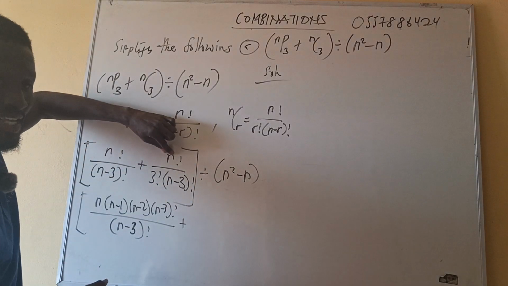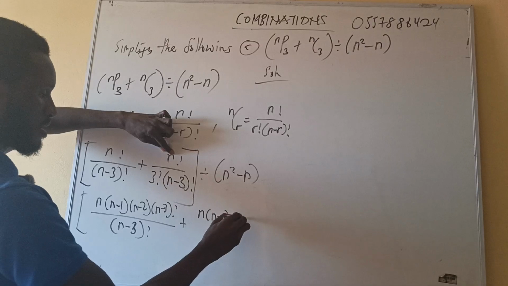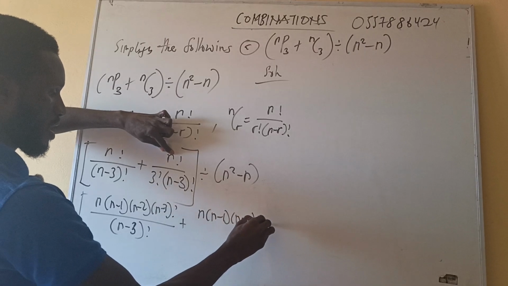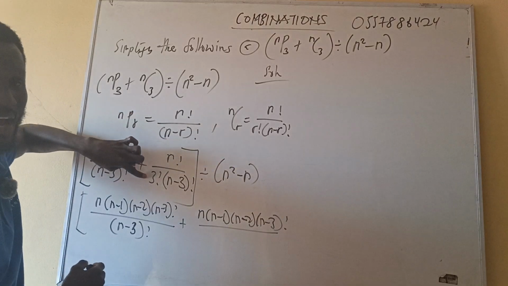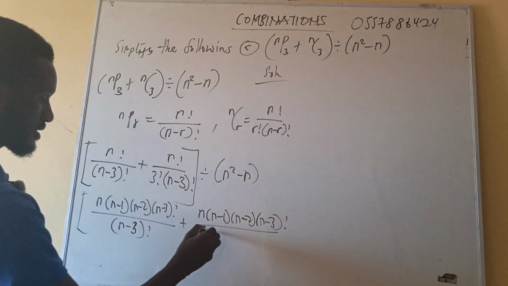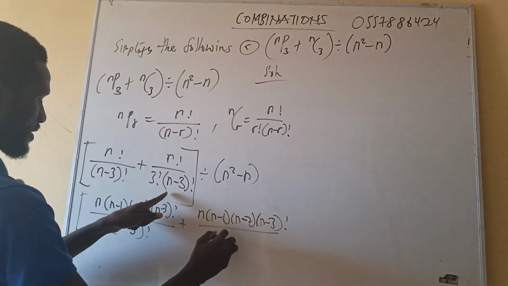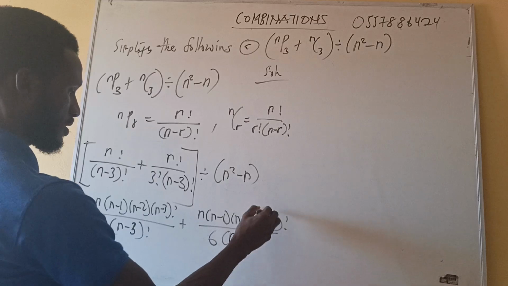Plus, now let's expand this one. We're going to get n times n minus 1 times n minus 2 times n minus 3 factorial divided by 3 factorial, which is 3 times 2 times 1, which is 6, times n minus 3 factorial.